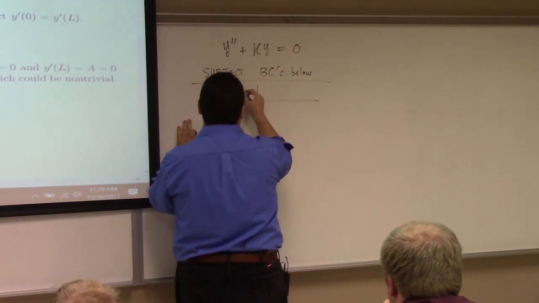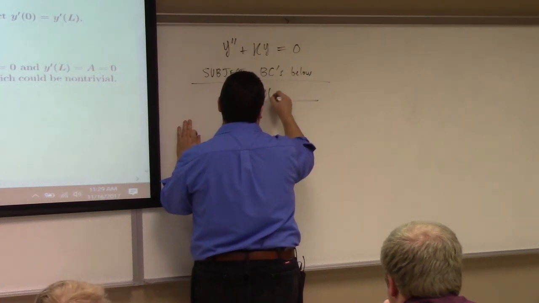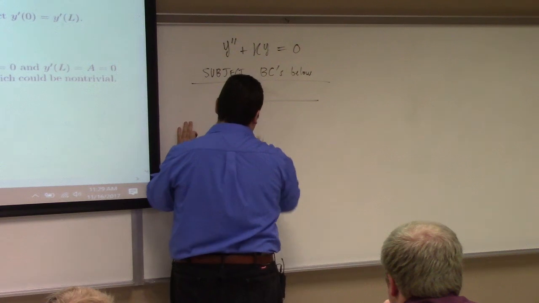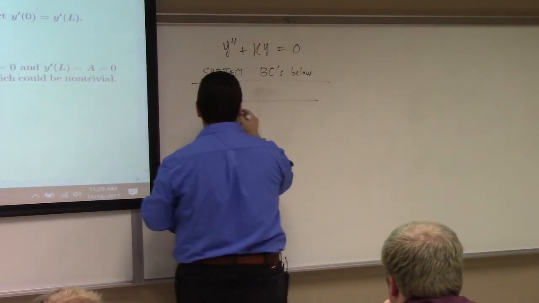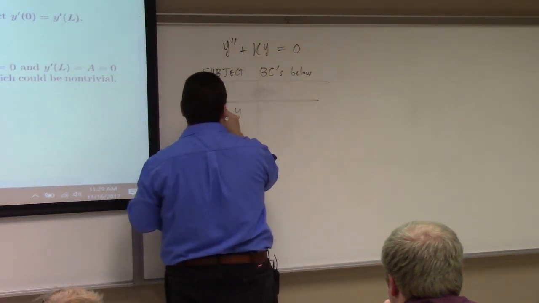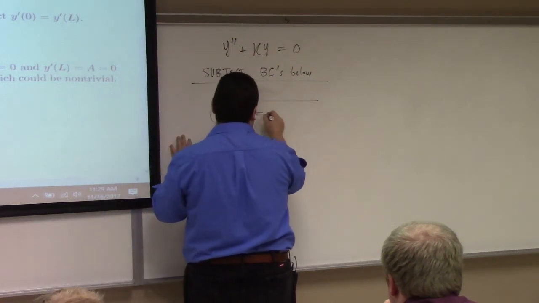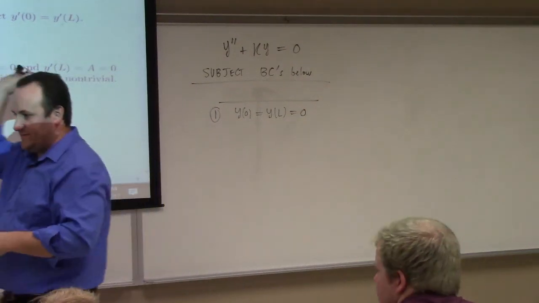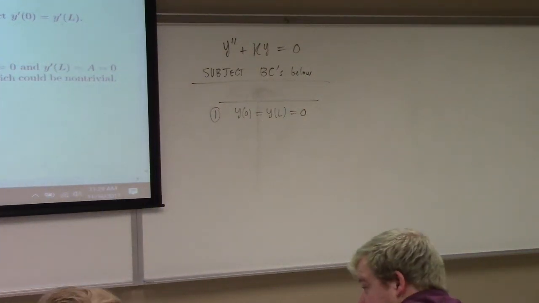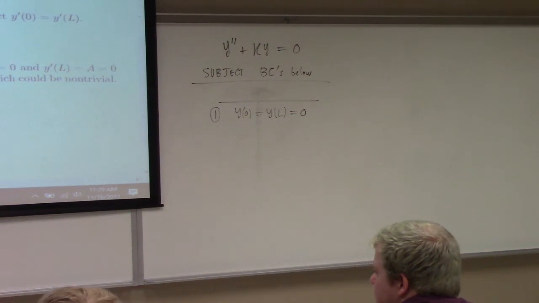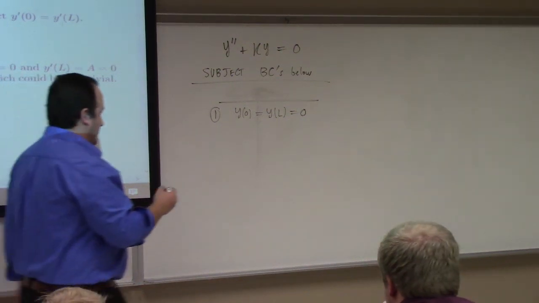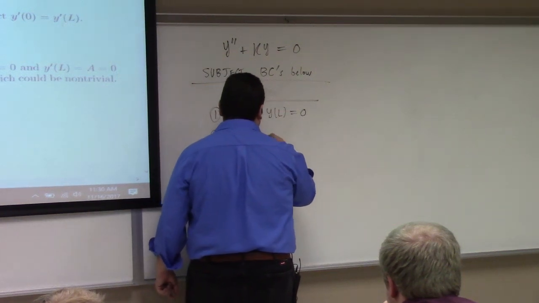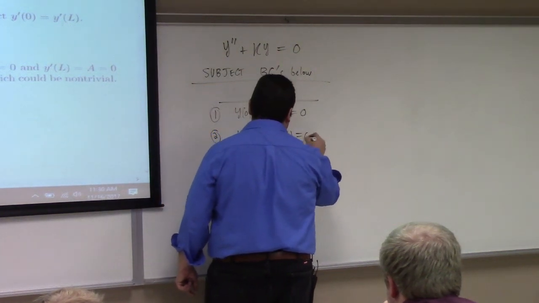So we have, on the one hand, case 1 is y of 0 equal to y of L equal to 0. That one I just derived for you guys. Case 2 is y prime of 0 equals y prime of L equals 0.